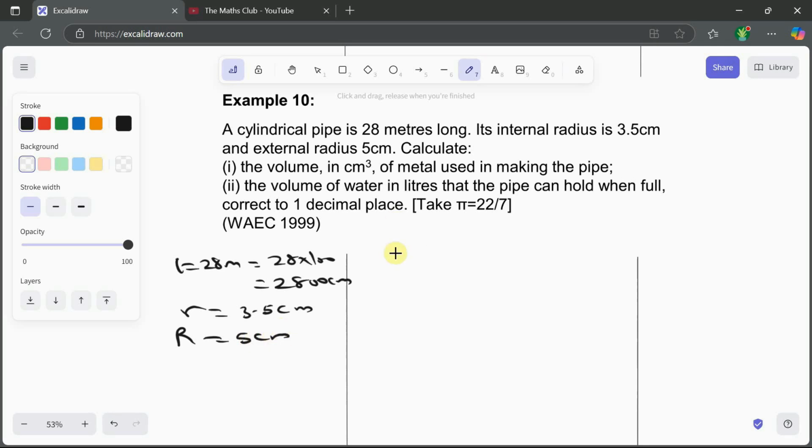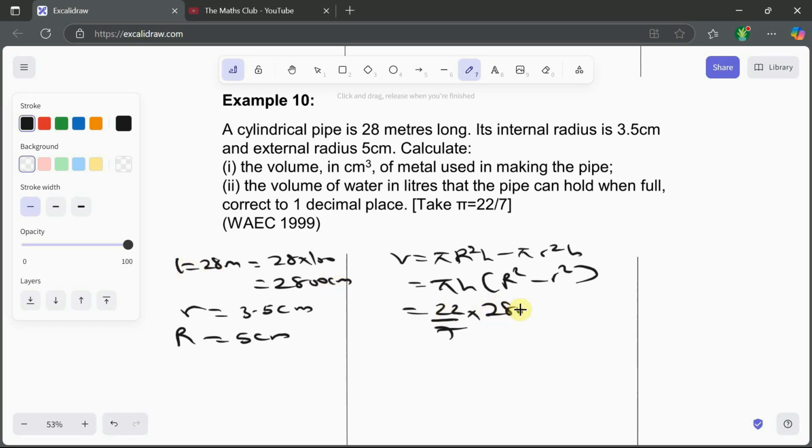The volume in centimeter cube of metal used in making the pipe, we've already said before that the volume will be pi R squared h minus pi r squared h, right? We've talked about that before. So if I factor out pi h, that would be R squared minus r squared, and this would be 22/7 times the h, which is the L, yes, so 2,800 times 5 squared minus 3.5 squared.